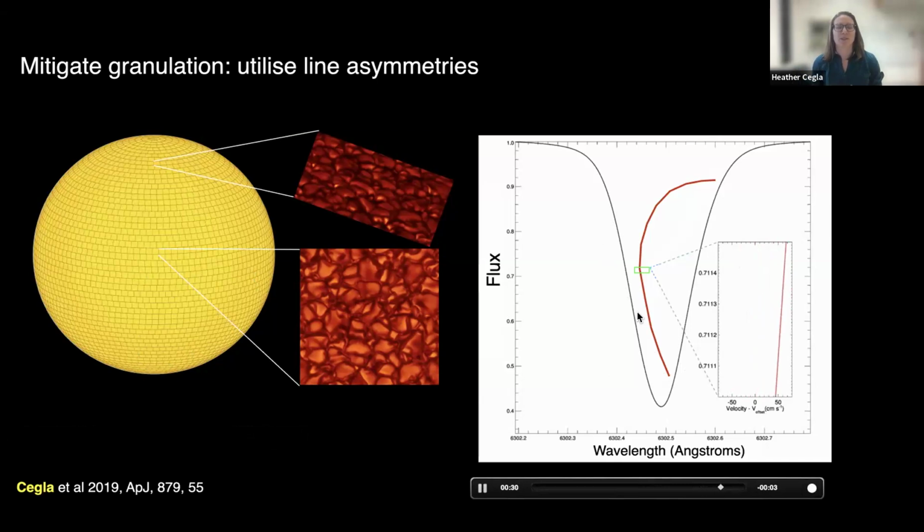So if you had a perfectly symmetric line, that would be straight, but the convection and the imbalance between the upwelling bright granules and the dark infalling intergranular lanes gives you this characteristic C shape. And then when you zoom in by a factor, I think 10,000 or something, you can see that the line really is bouncing around.